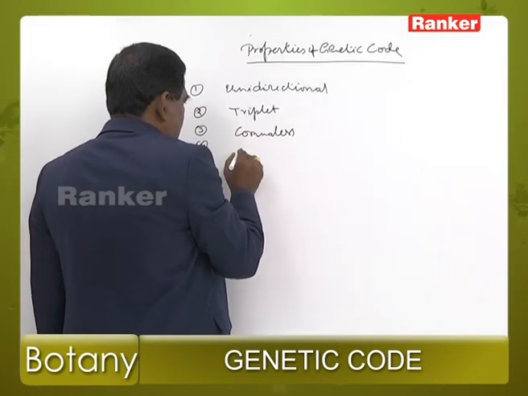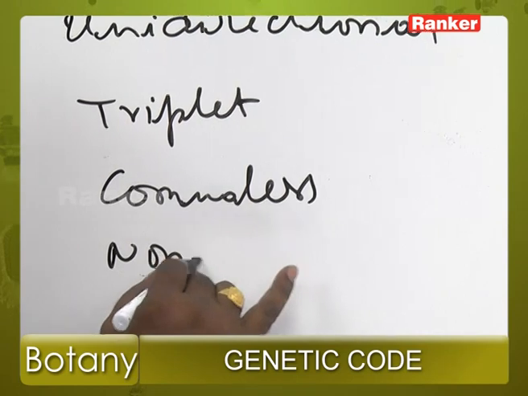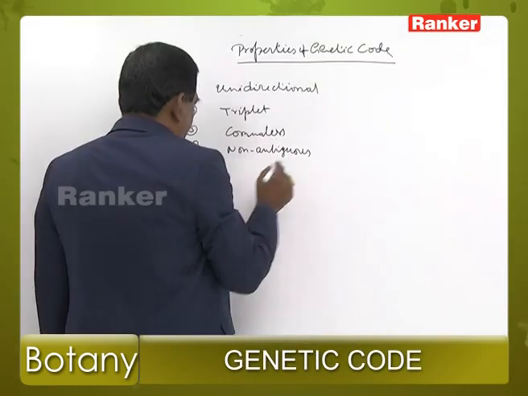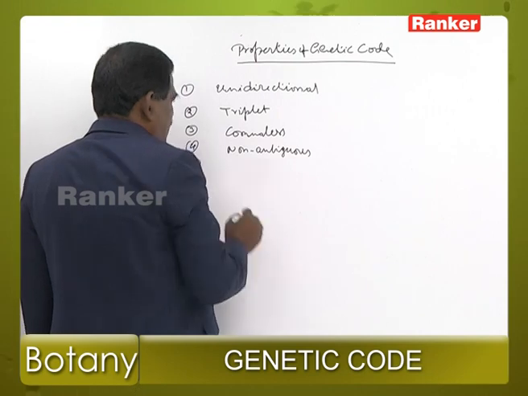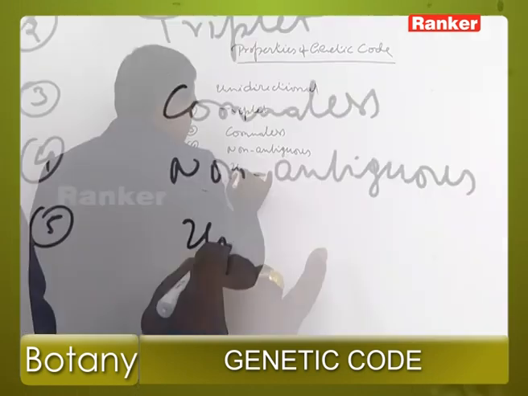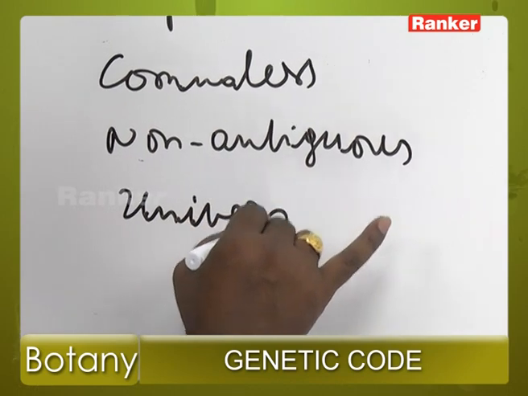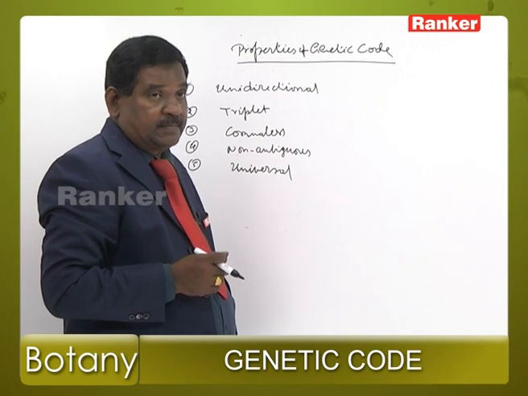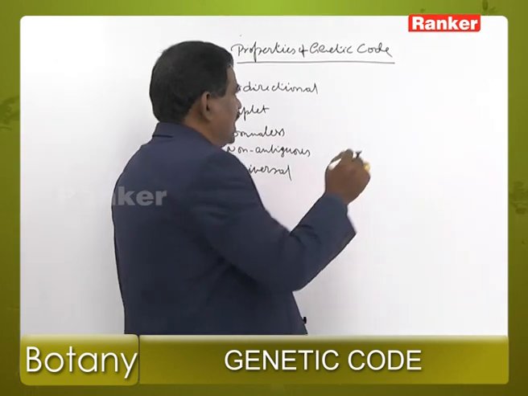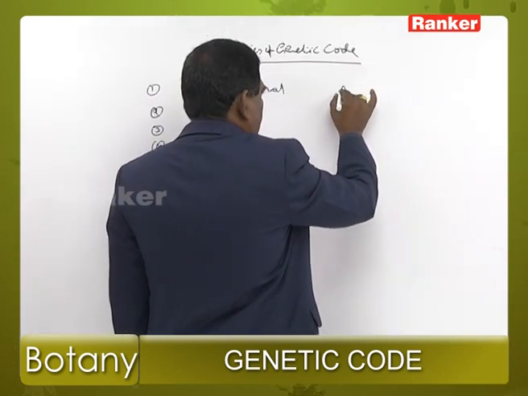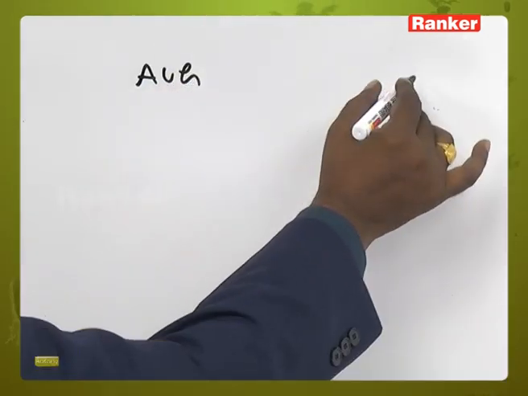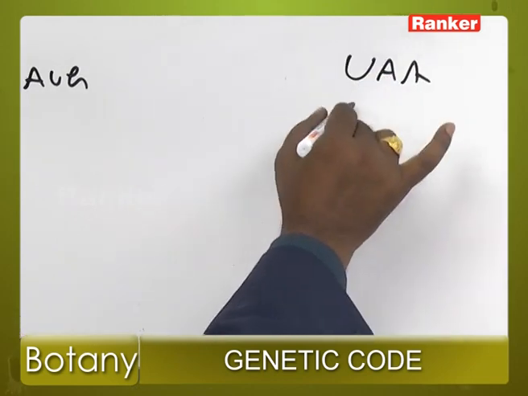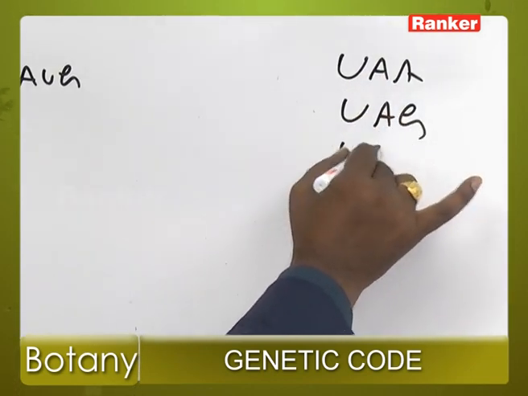Genetic code is non-ambiguous. Genetic code is universal. Starting codon is always AUG and termination codon is chain terminating codons UAA, UAG, UGA.